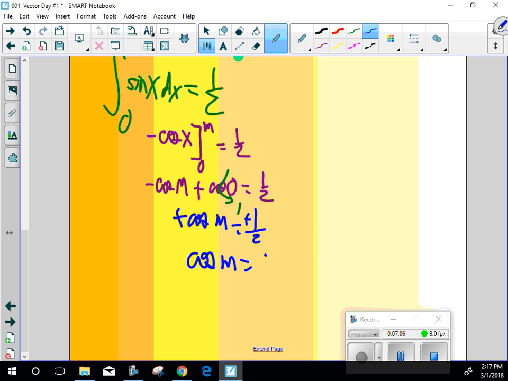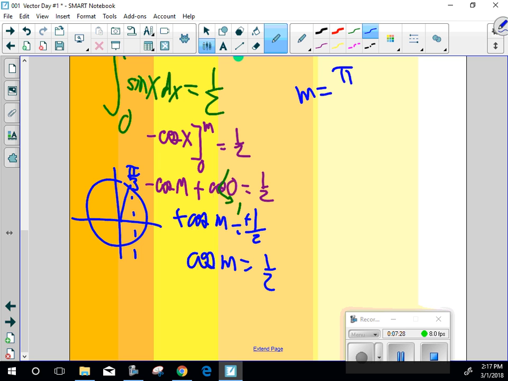So how am I going to find what m is? You could use a calculator, you don't need to. Where on my unit circle is the cosine going to be equal to 1/2? Pi over 3. Yep. So m is going to be 60 degrees or pi over 3.